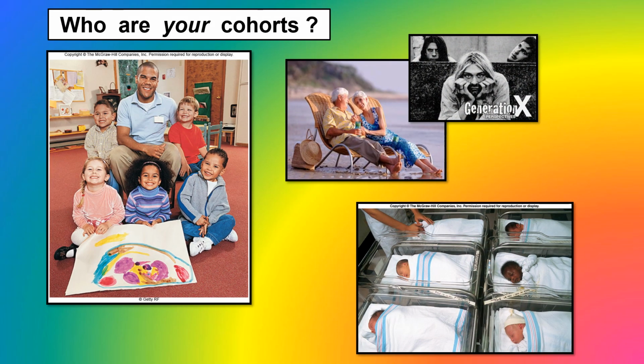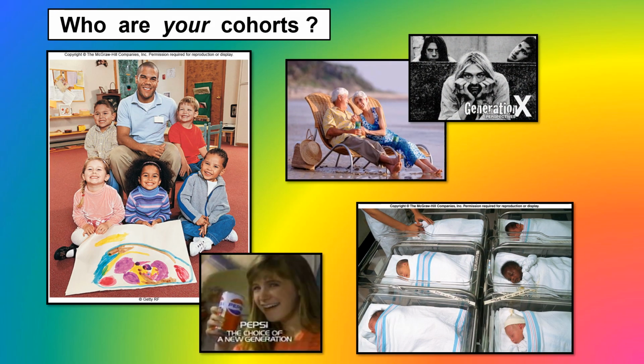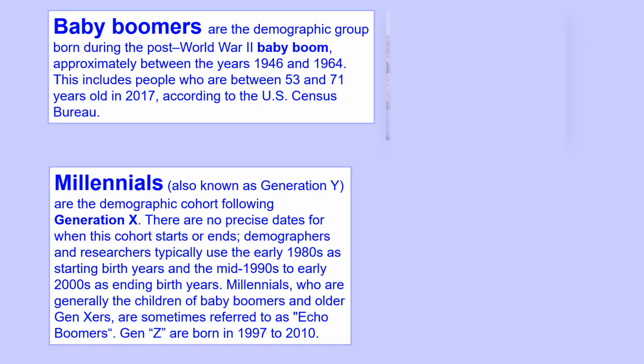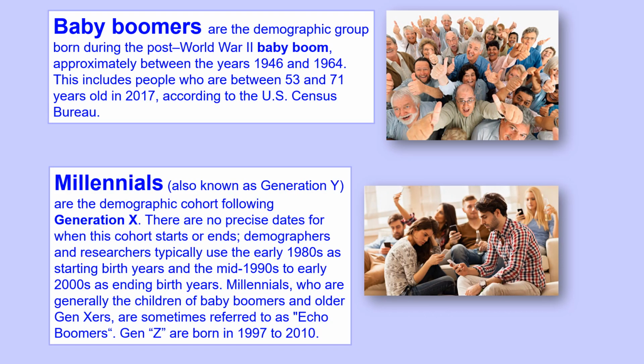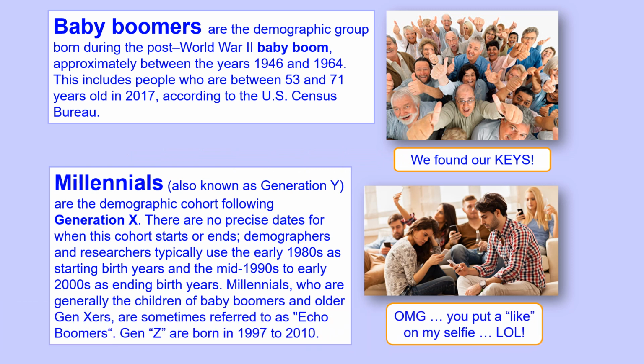Who are your cohorts? What generation are you? Anyways, you're not Generation X. Are you a millennial? Are you Generation Z? I'm part of the baby boom generation. And that's us. What do we mean by baby boom? Well, post-World War II, soldiers coming back, and it was a big increase in the number of babies.